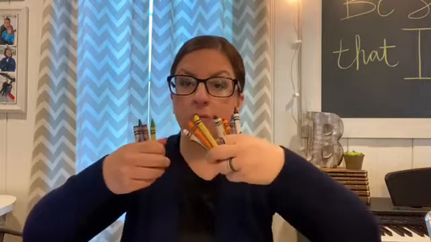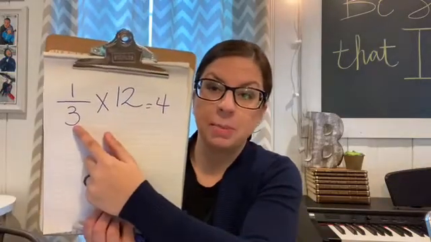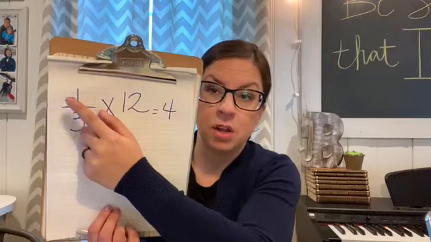If I have 12 in 3 groups, I'm going to have 3 groups of 4. So what would one of those groups be? 4. So 1/3 of 12 equals 4. You can also divide the whole number by the denominator if there's only a 1 on the top. That's the easy way to do it, by counters.